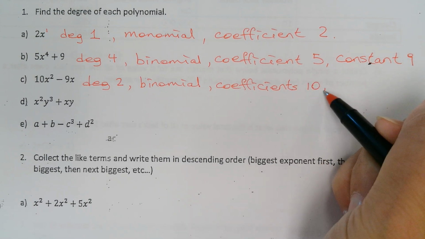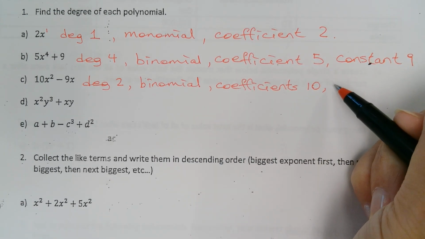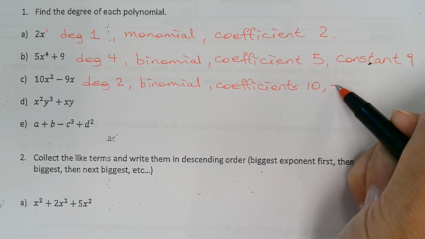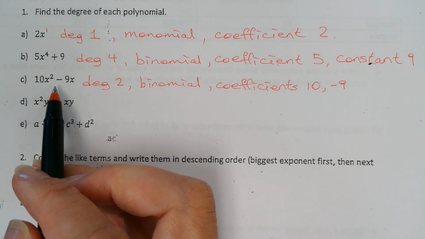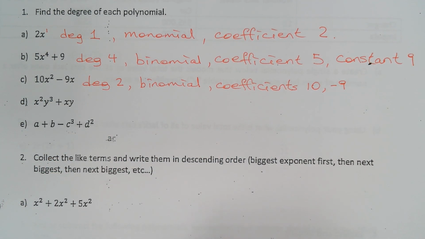And the second term? My coefficient in the second term is negative 9. That's right. What about the constant? There is none. There's no constant. I was checking to see if you really understood.